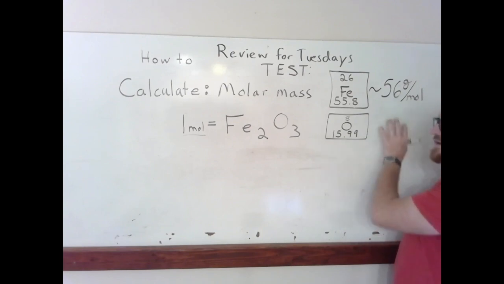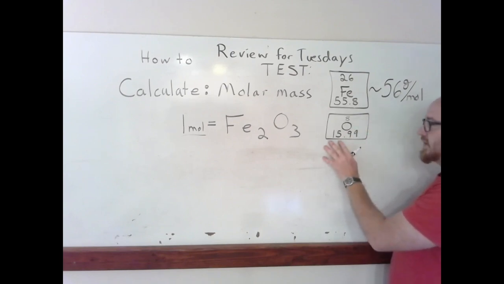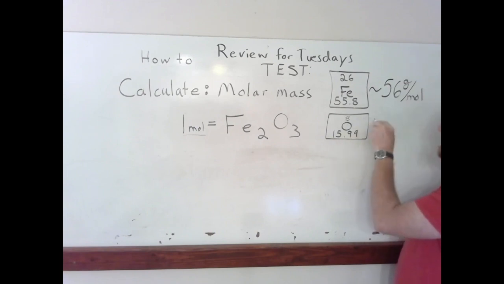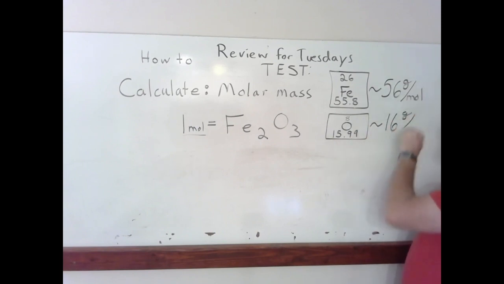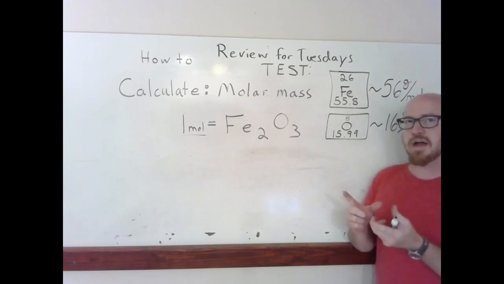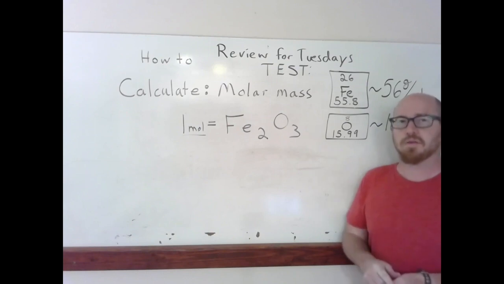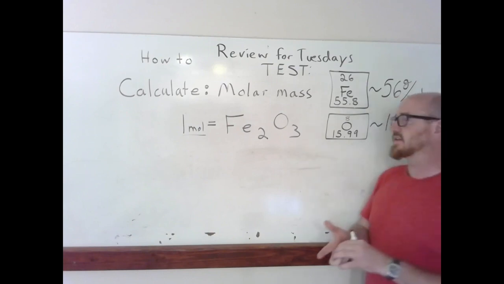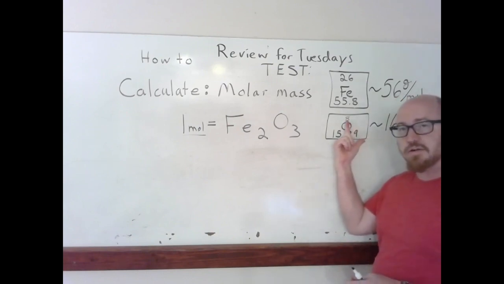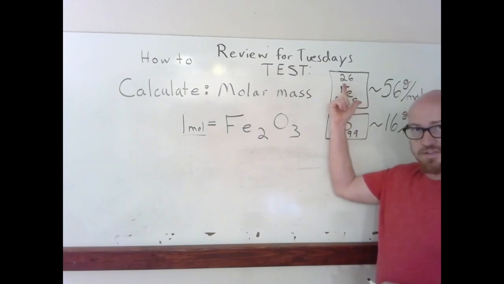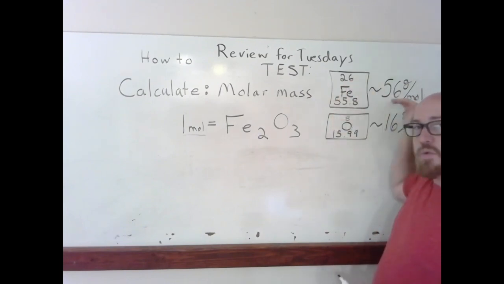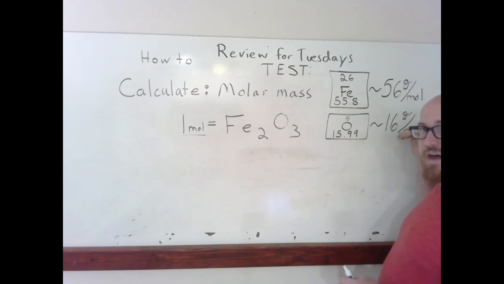Oxygen has an atomic mass of 15.99, which I'm going to round up for simplicity to 16 grams per mole. So if I had 16 grams of oxygen, I would have 1 mole of oxygen. And that makes sense because oxygen is so much lighter on the periodic table than iron is. So a mole of iron weighs a lot more than a mole of oxygen.